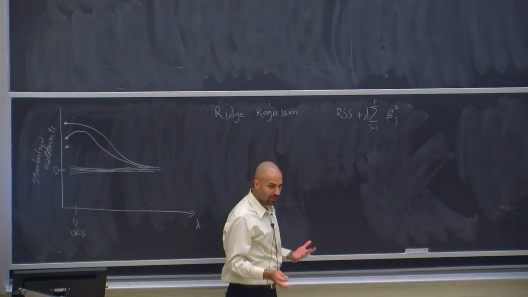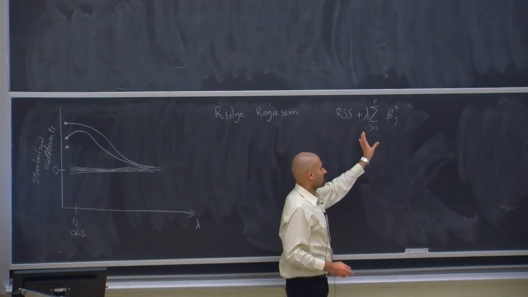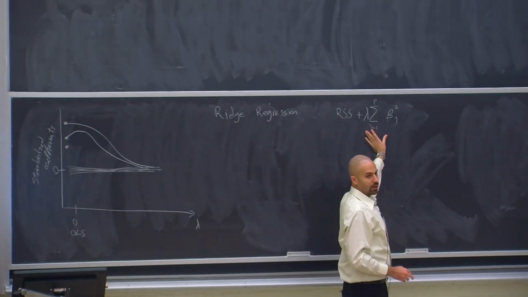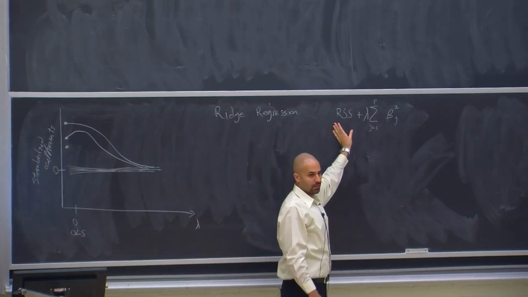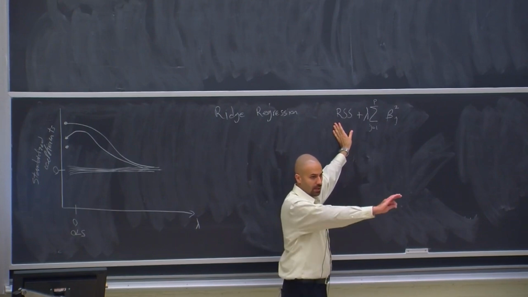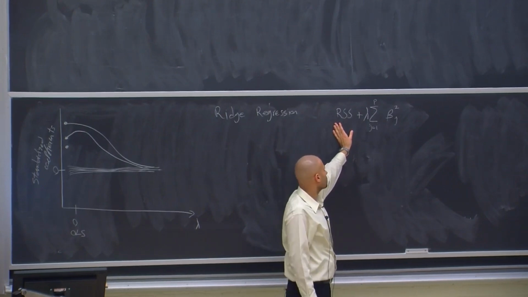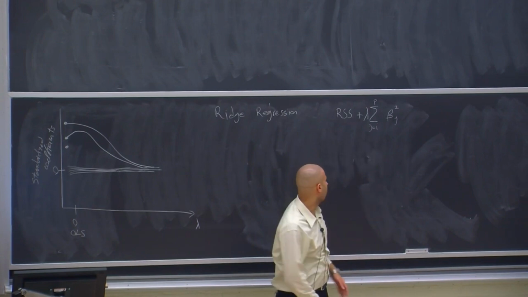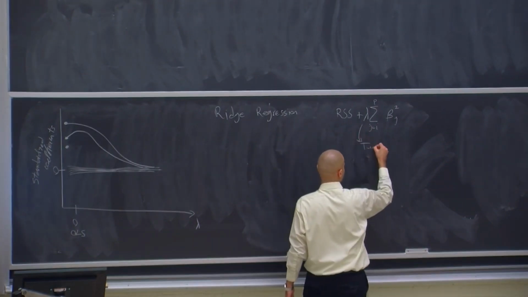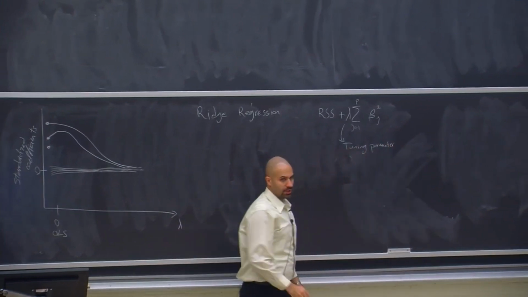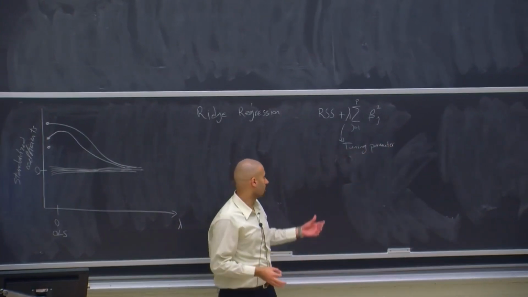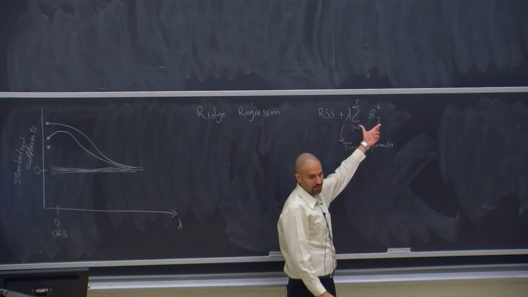Therefore, we get some sort of trade-off between fitness and size of the coefficients. Because the second part of the objective function will be minimized where all these betas are 0, and RSS is minimized when the fitness is as good as possible based on historical data. When we have both of them, we get some sort of trade-off. And this lambda in here is some tuning parameter that indicates our preference for fitness versus our preference for sparsity.